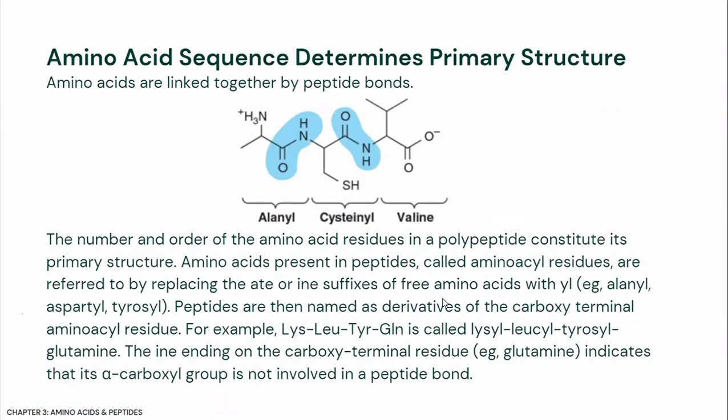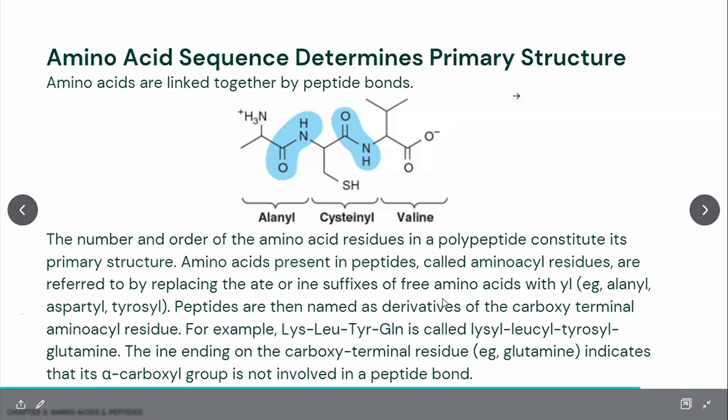Amino acid sequence. Amino acids that are stringed together through peptide linkages, okay, is what we call the primary structure of the protein. So if you have just a peptide with amino acids being stringed together by peptide linkages, this one we call a primary structure.